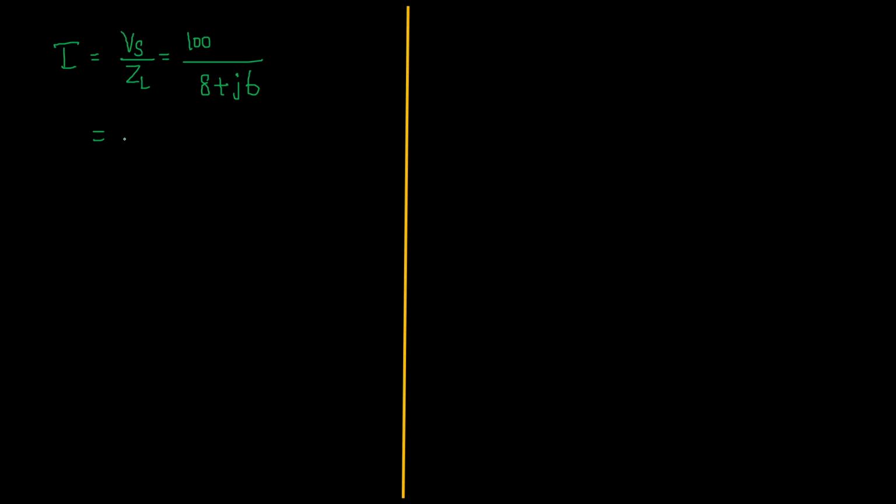In order to transform it into polar form, first let me write it like this: 100. The magnitude of the 100 will be 100, its corresponding phase angle will be 0 degree. You know how to transform a rectangular value to polar. So the polar value will be 100 at an angle of 0 divided by, here one more rectangular value is there, 8 plus j times 6. How will you convert it into polar?